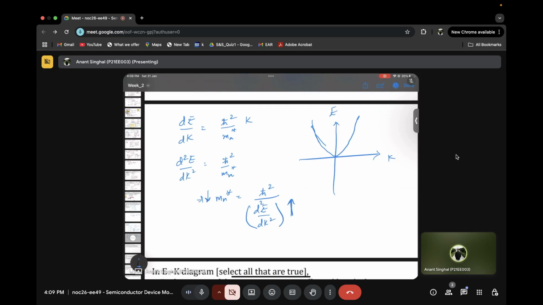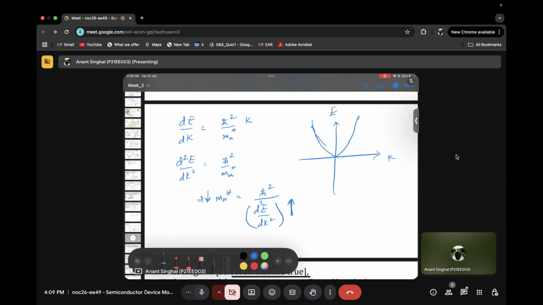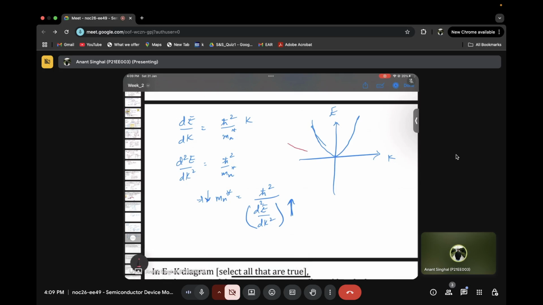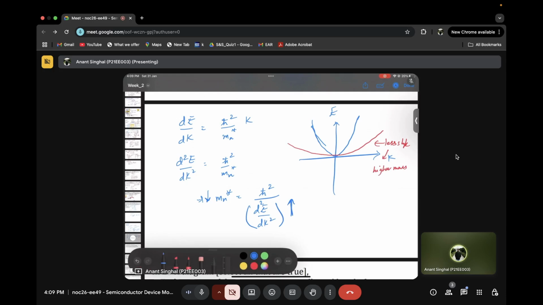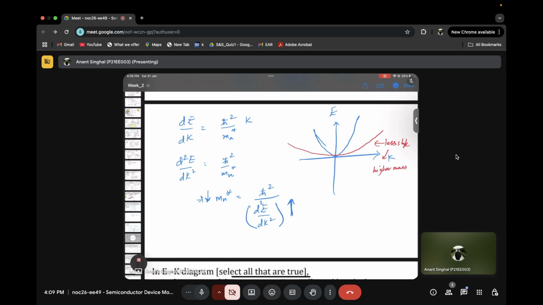Let's say this one is a flatter parabola, so this is less slope. This means this is higher mass. And the blue one is a high slope and less mass.